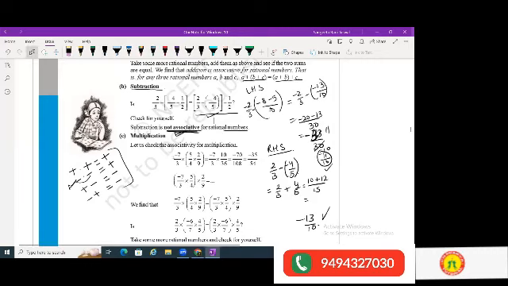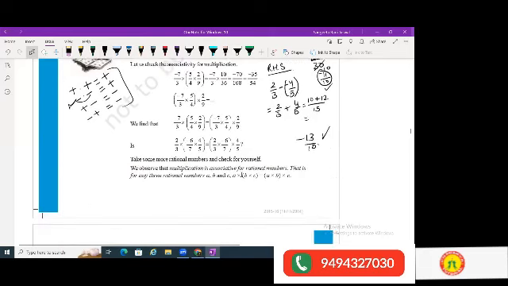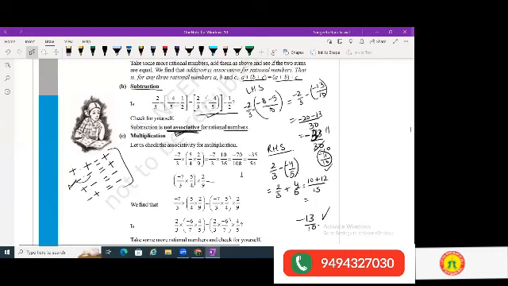Okay, now coming to the multiplication part, let us check the associativity for multiplication. Now, associativity is multiplying three rational numbers in the same order as we were doing: grouping A and B first, and then multiplying with the third one. Then again, keeping the first one out and grouping the other two like this.